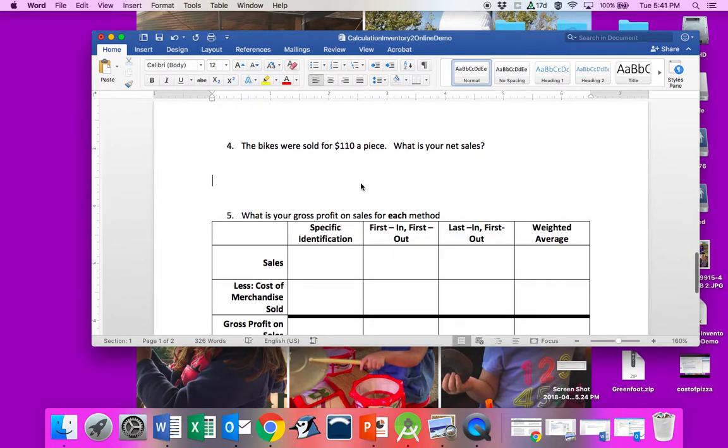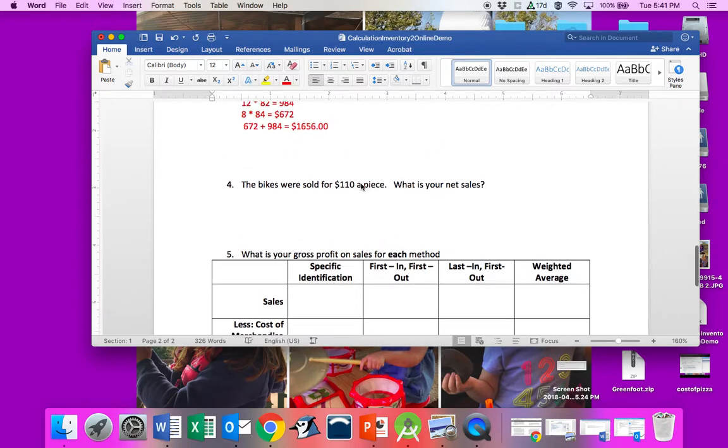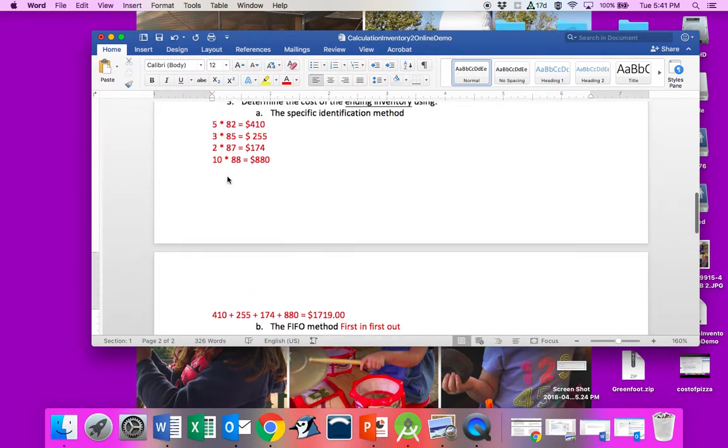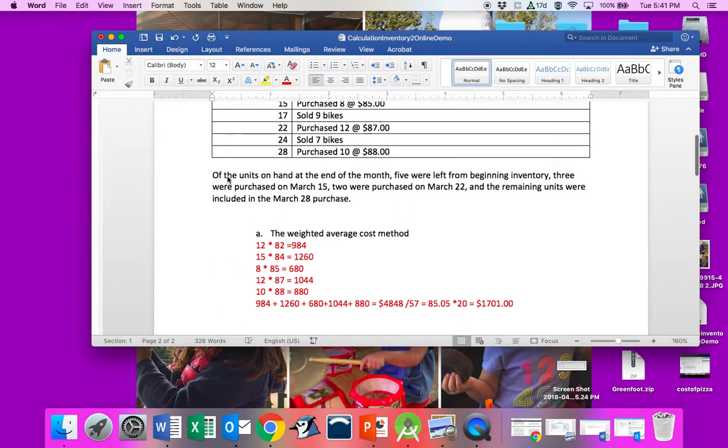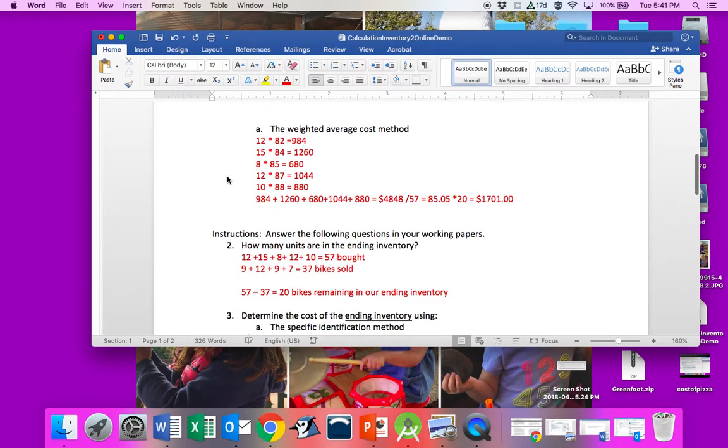The next thing we need to take a look at is we need to determine what our net sales are. That's how many bikes we sold and how much we sold them for. We bought 57, we sold 37 bikes.